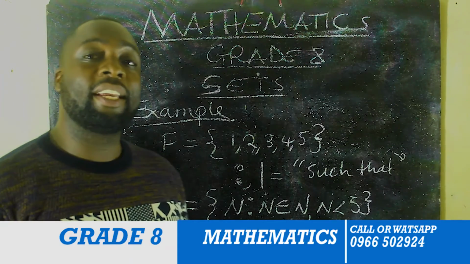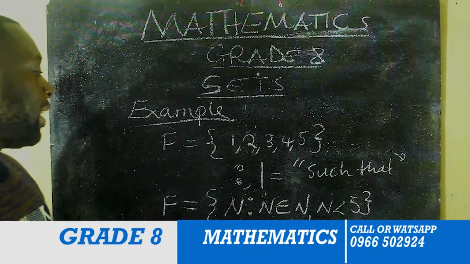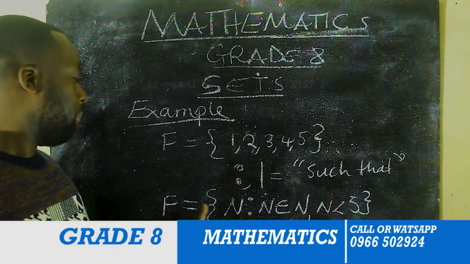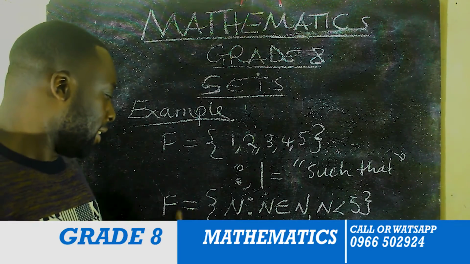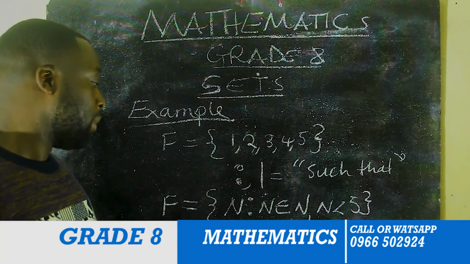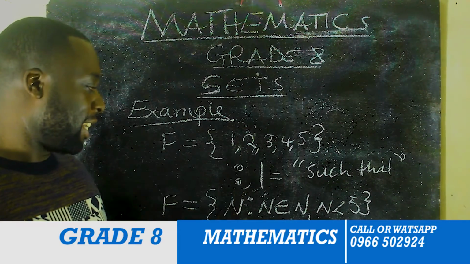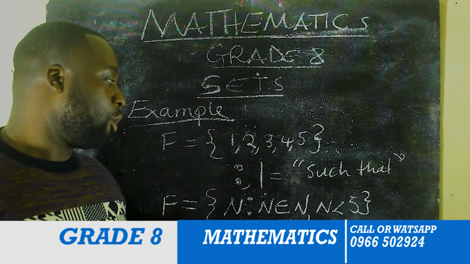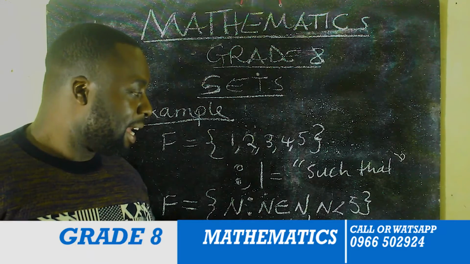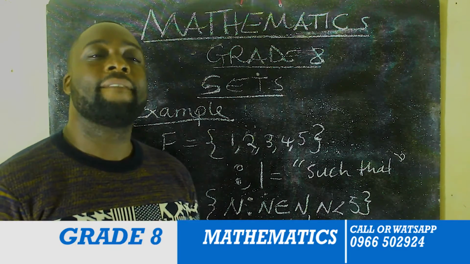You've seen the way it is represented, right? F is a set. Then we are saying n such that n is a member of natural numbers, and less than 5.